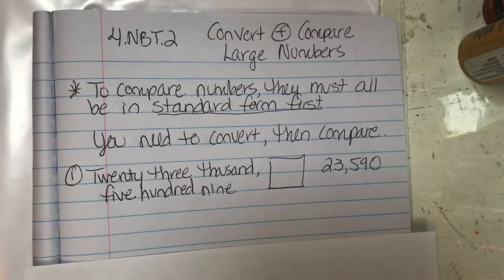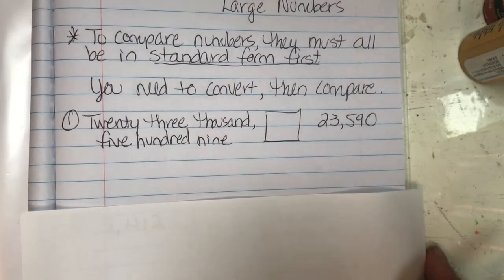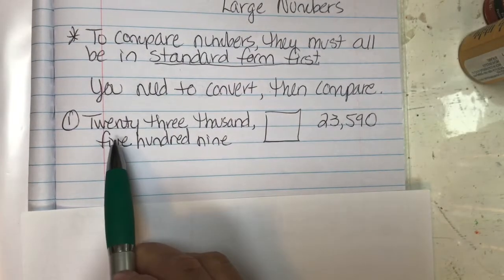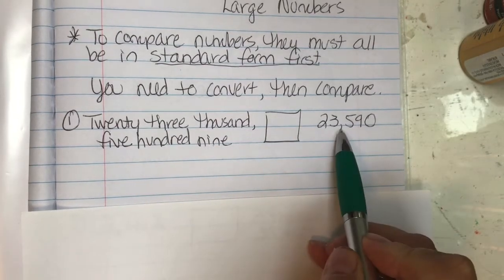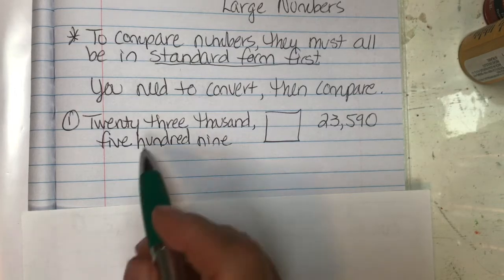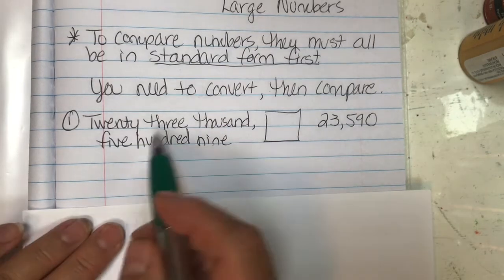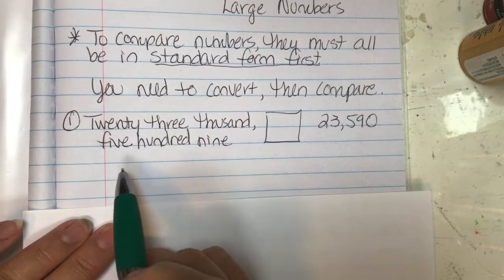Okay, for example, this is the kind of problem that they will be giving you. You can see that this number over here is in word form, 23,509, and this one is already in standard form. So before I can compare these two, I just need to convert this one. We're going to remember that we put dashes for converting word form back to standard.